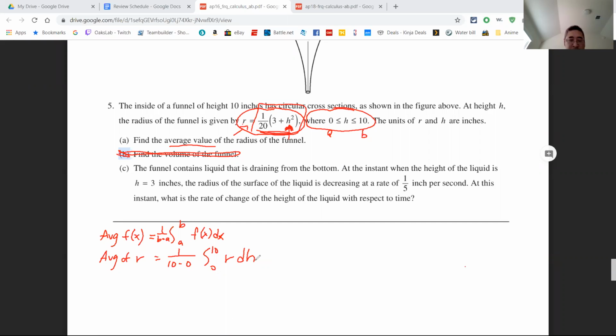So you gotta be careful with this part. How do I know it's DH? Because if you look at the function of R, the independent variable is H. And that's why I put DH. All right. Because if you look over here, if it's X, I put DX. This R can be written as R, and depending on whatever H is, that's what your R value is going to be. So I have to put DH.